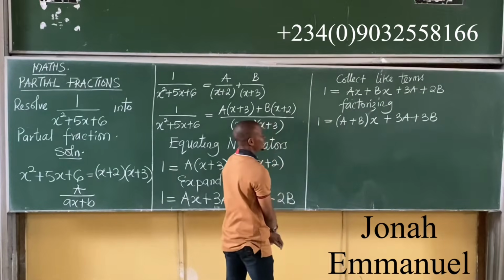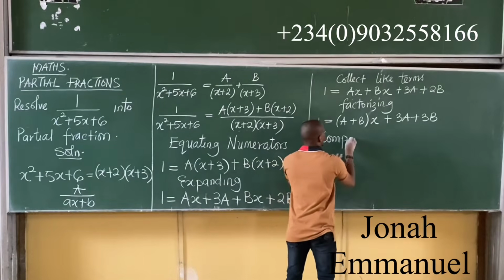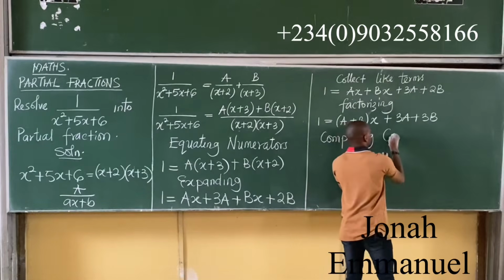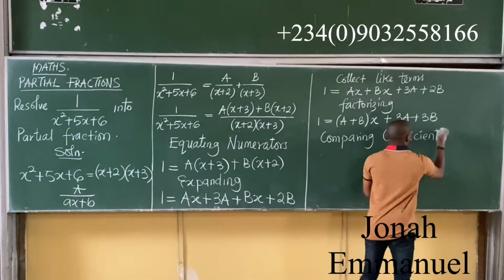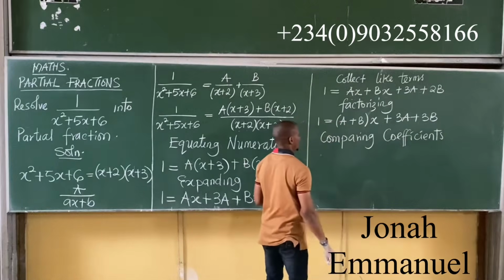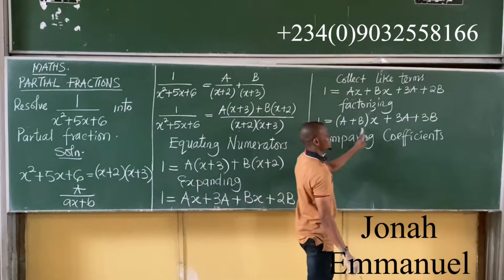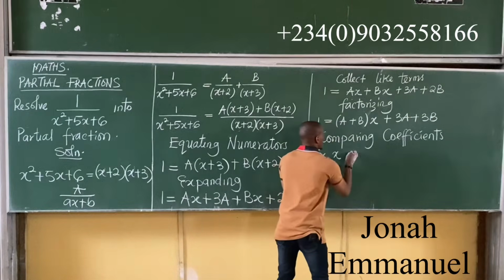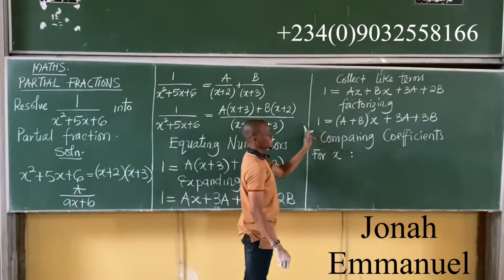Alright, after factorizing, next up I'll have to compare, or you can say comparing coefficients. Comparing coefficients, I have that, first of all, the highest power of x here is 1. So for x, if I look at the left hand side, there is no x here.